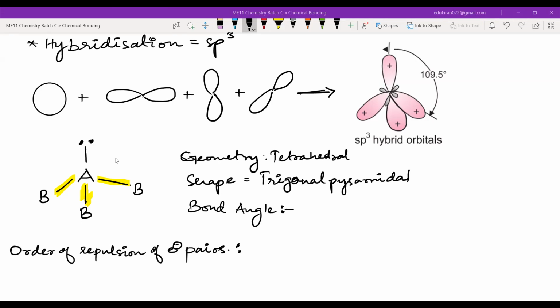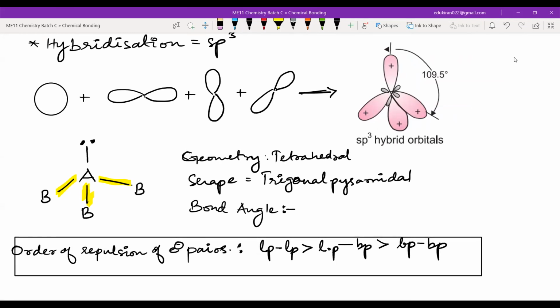It will spread out more, and so create more repulsion. So the order of repulsion for electron pairs is: lone pair-lone pair, highest, then lone pair-bond pair, and after that bond pair-bond pair repulsions. Is this clear with everyone? Does anyone have any doubt here?